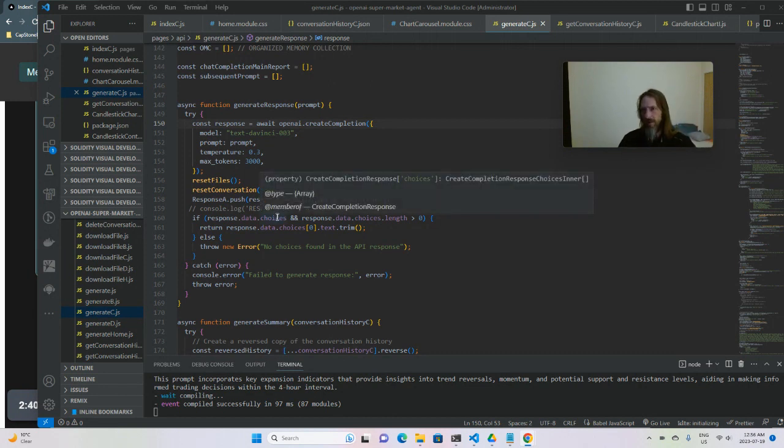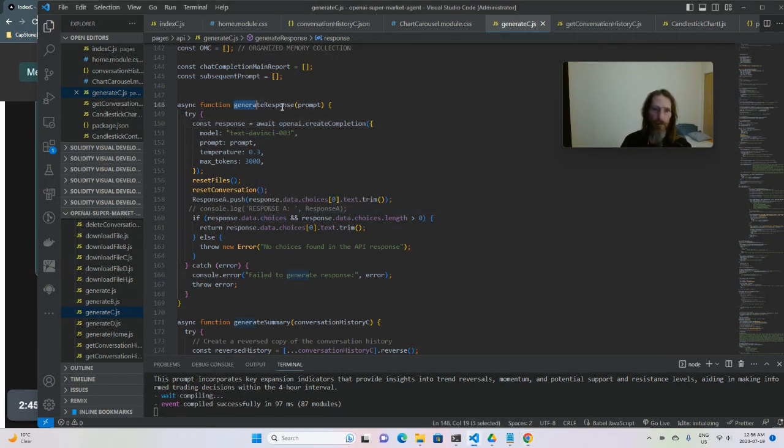I had a journey through this code, because when I first started this code, I was using create completion.